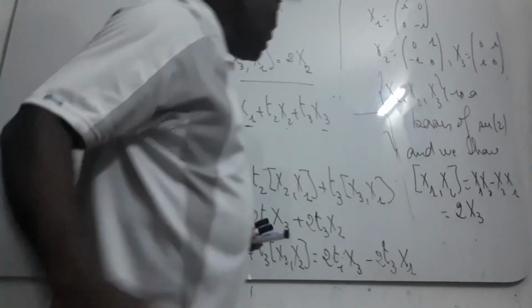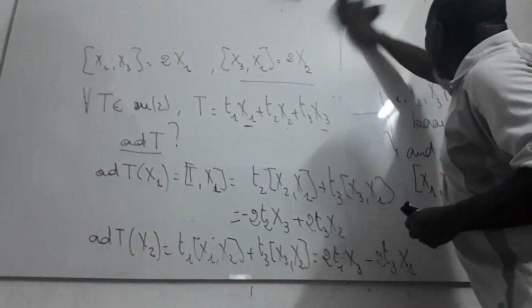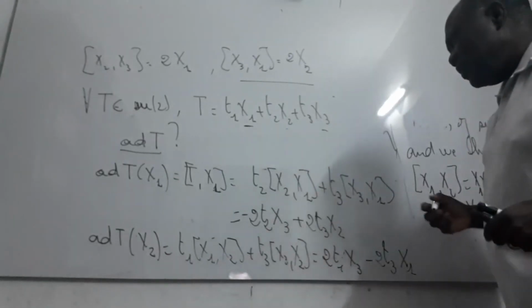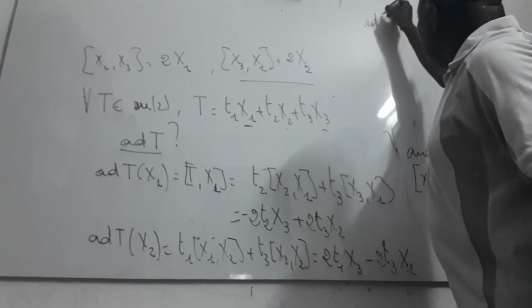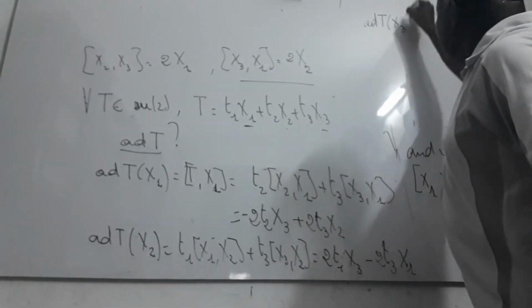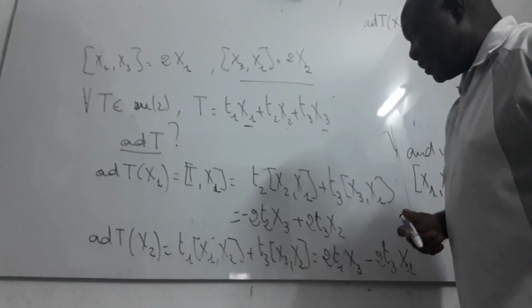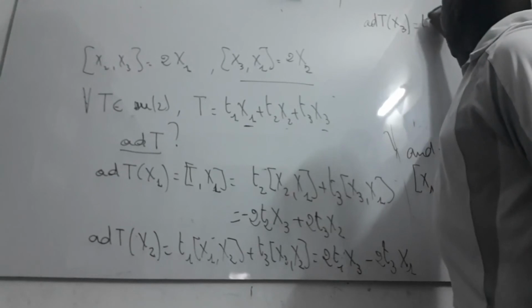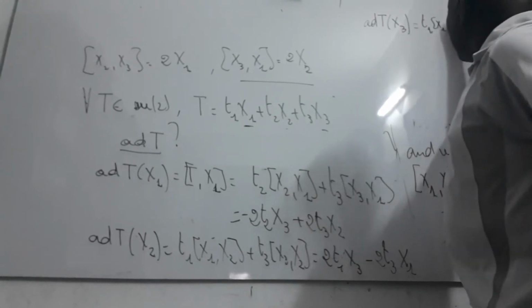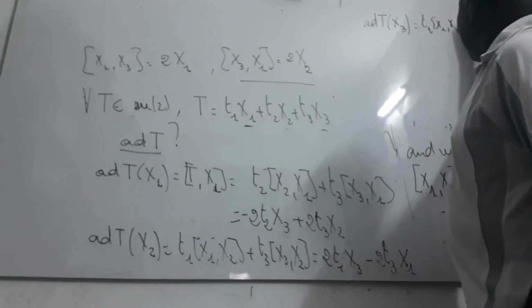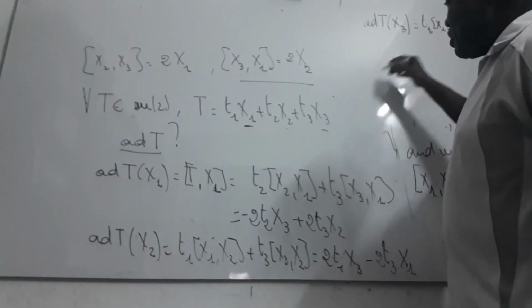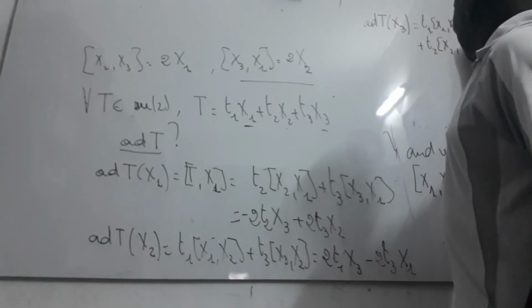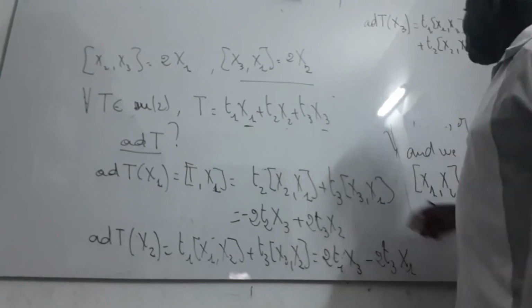And finally, you have this. The adjoint of T on the third element of your basis will be equal to this. This will be T1, the bracket S1, S3, plus T2, the bracket of S2, S3, which will be equal to 0.